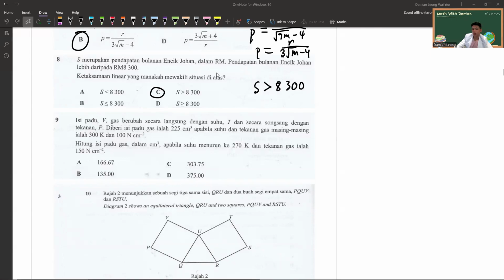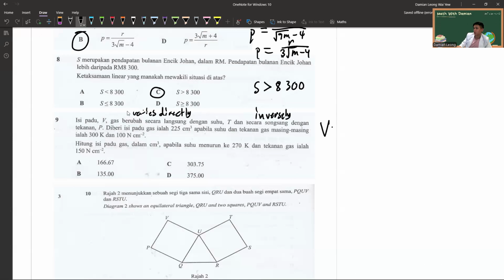Then we look at question 9. The volume of gas changes directly. Berubah secara langsung means varies directly with the temperature T, and secara songsang means inversely with the pressure P. Variation always forms an equation.